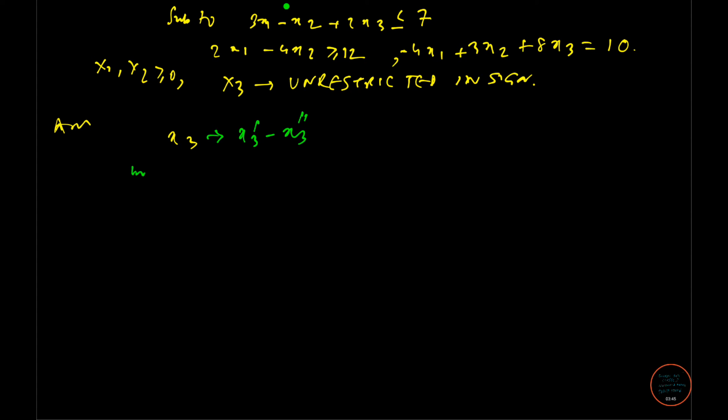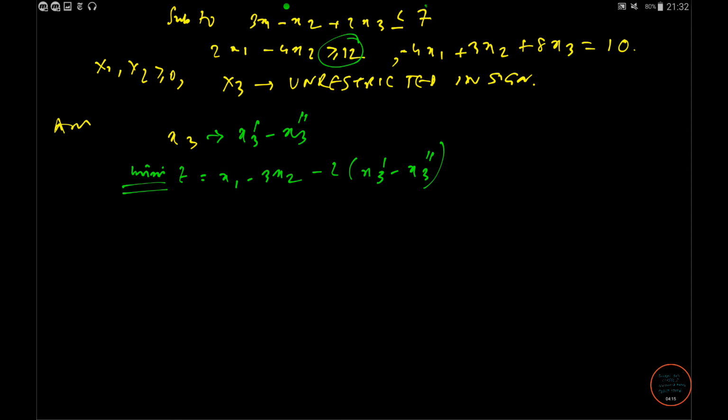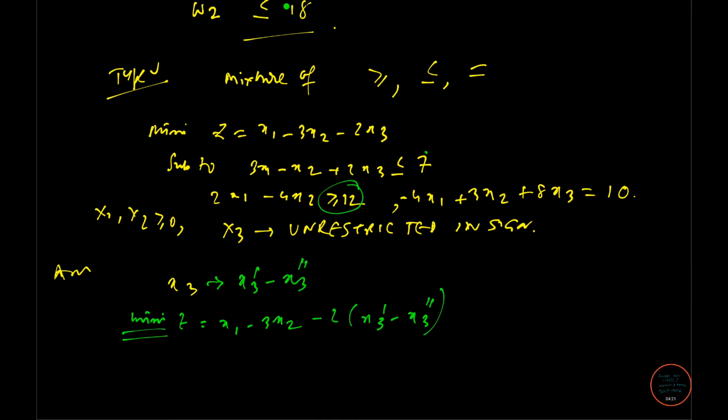So we are writing the main format as minimization of z = x1 minus 3x2 minus 2 times (x3 dash minus x3 double dash). As it is a minimization, we need everything in the greater than format. So this needs to be changed, the rest of the things are okay.